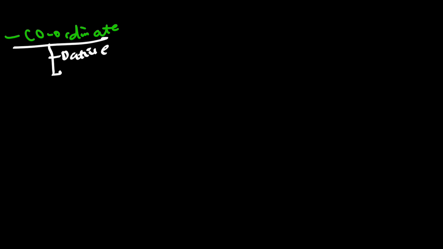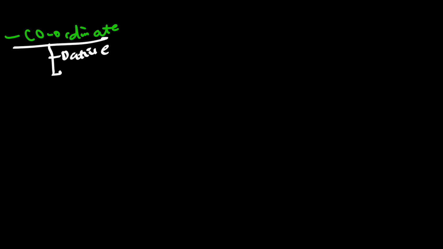All right, let me clear this space. Now, still on coordinate, when I'm talking about coordinate, some invigilator or some examiner would like to say dative, right? Or coordinate covalent bond. They are all still the same thing. Do not be confused.